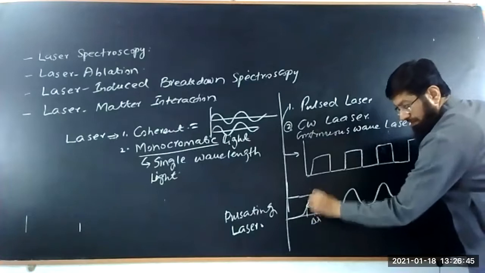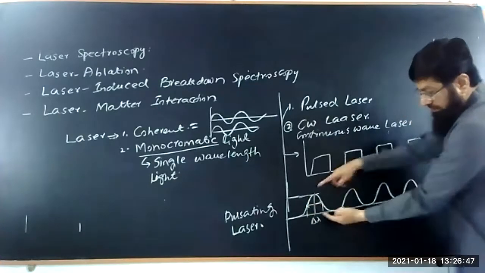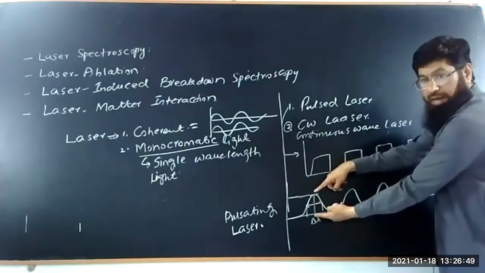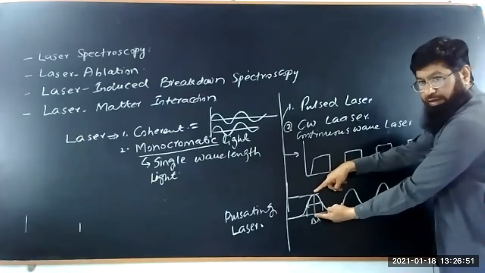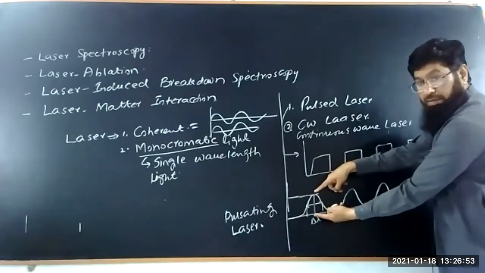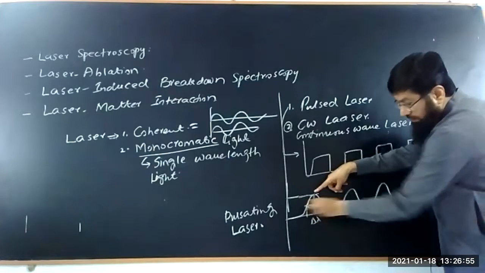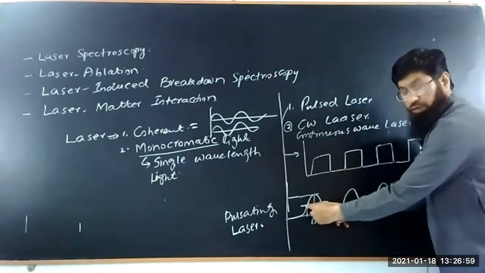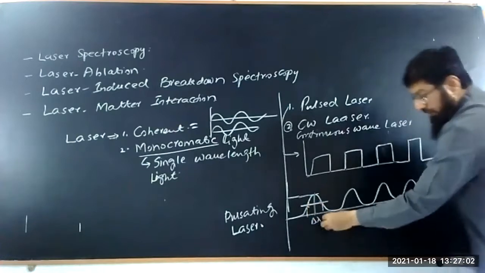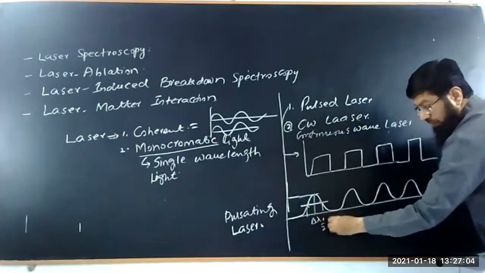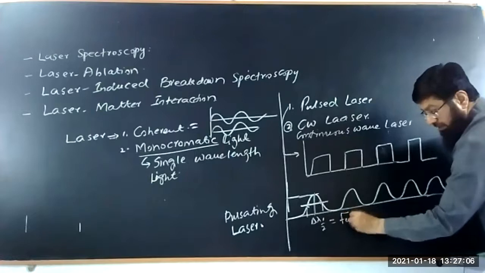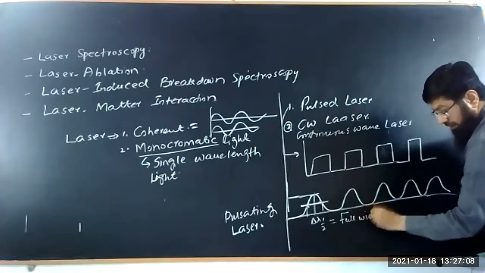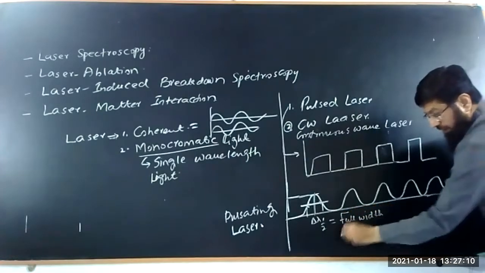This is the maximum value, which we call the amplitude of the wave. Half of the amplitude is this. So here it is the full width at half maximum. Delta lambda 1/2 is known as the full width at half maximum.